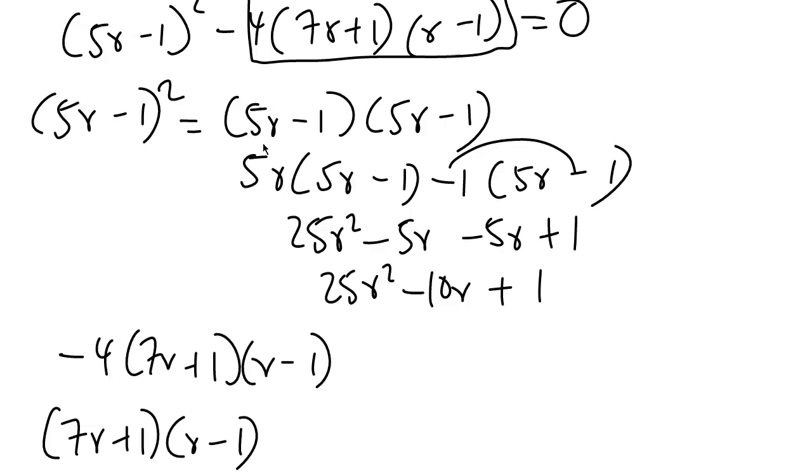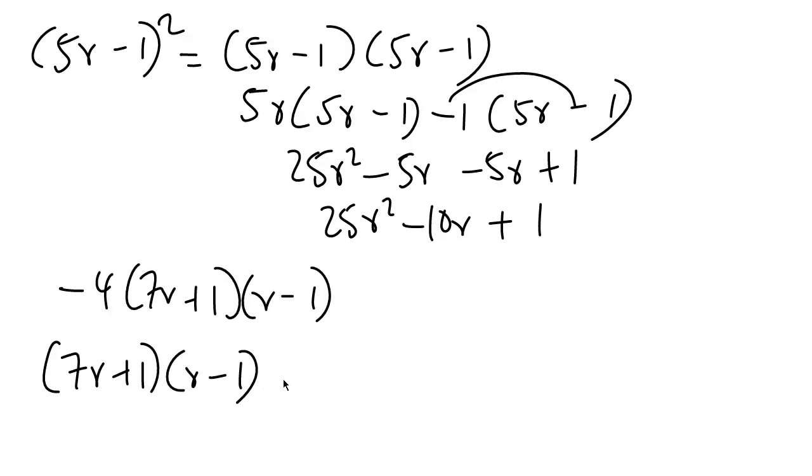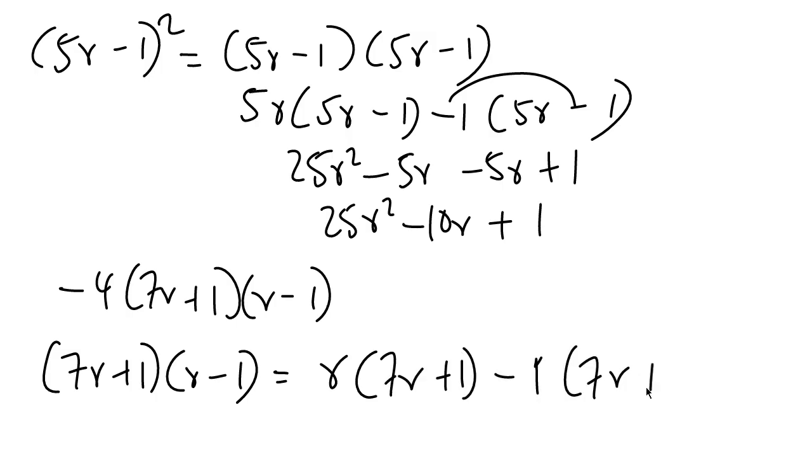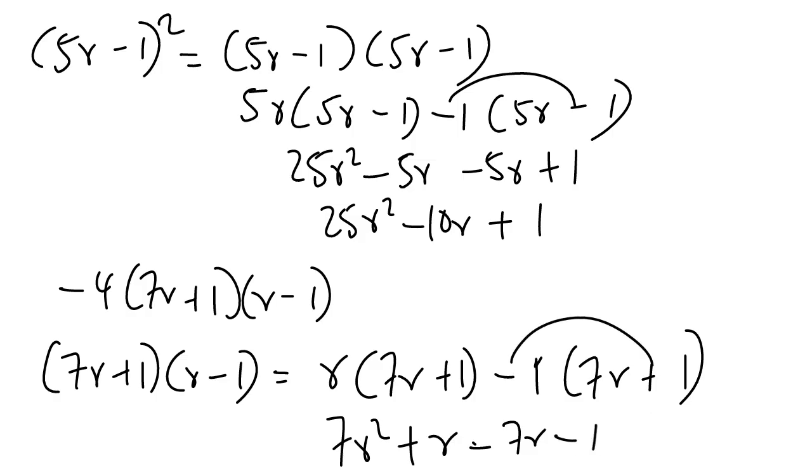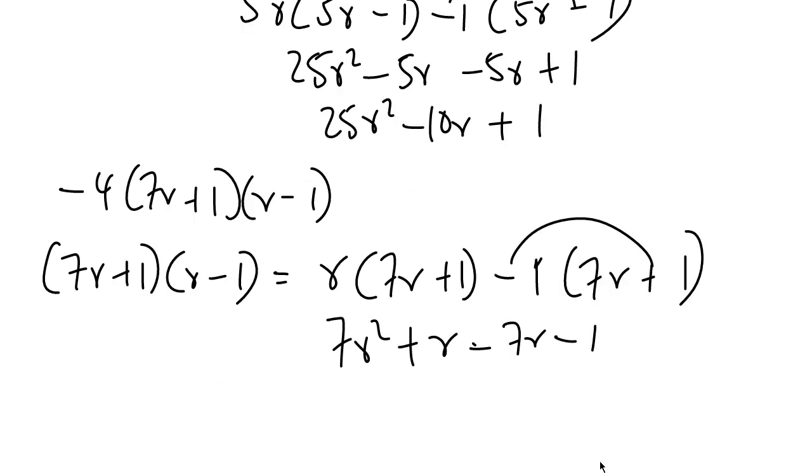An expansion of 7r plus 1 into r minus 1: we have r into 7r plus 1 minus 1 into 7r plus 1, and that will be 7r squared plus r, because r times 1 is r, minus 7r, minus 1, because negative 1 times positive 1 is negative 1. So that will now be 7r squared negative 6r, because r minus 7r is negative 6r, minus 1.